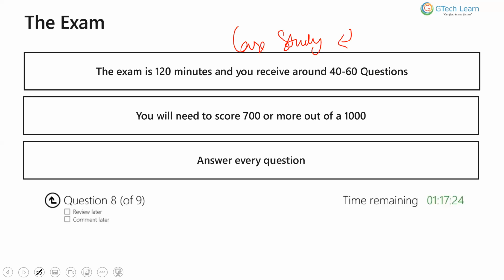The number of questions may differ, like 4 to 5, or sometimes 6, or sometimes 3. So probably we can expect 4 to 6 questions in a single case study, and you need to answer them based on the case study you have read.